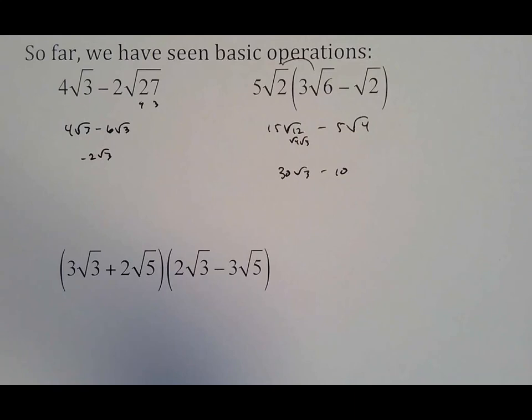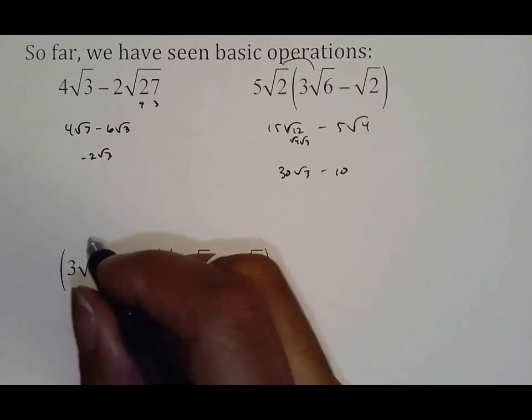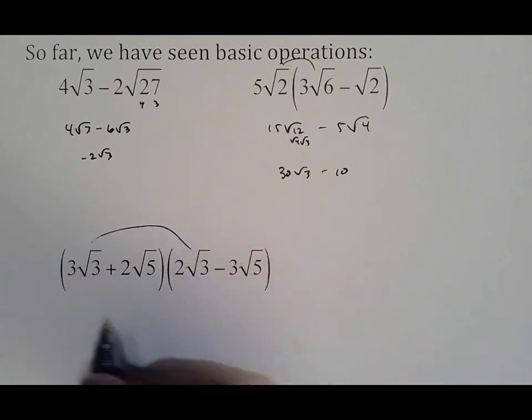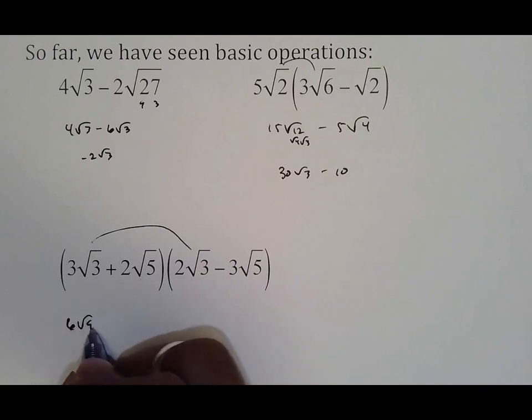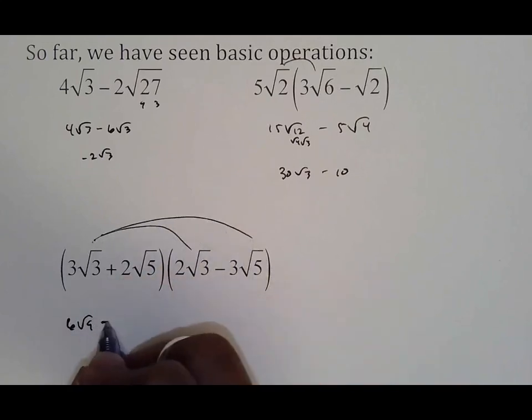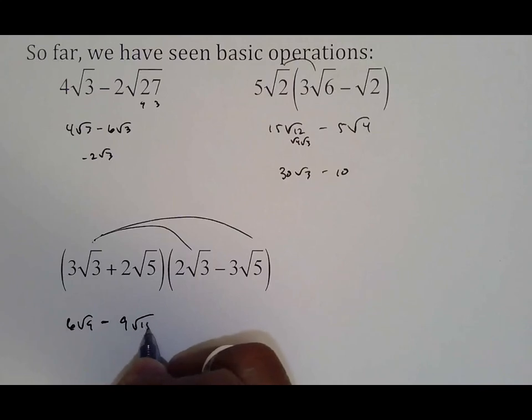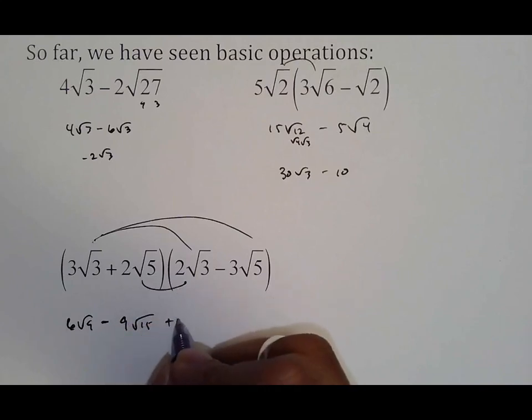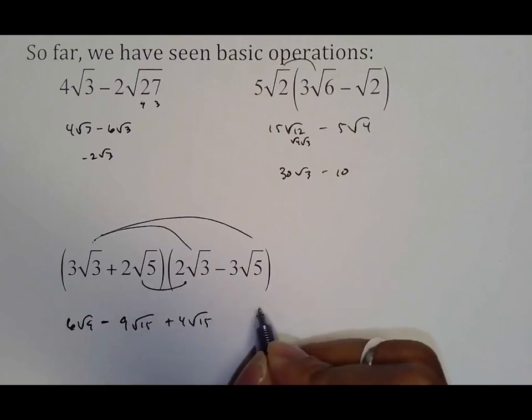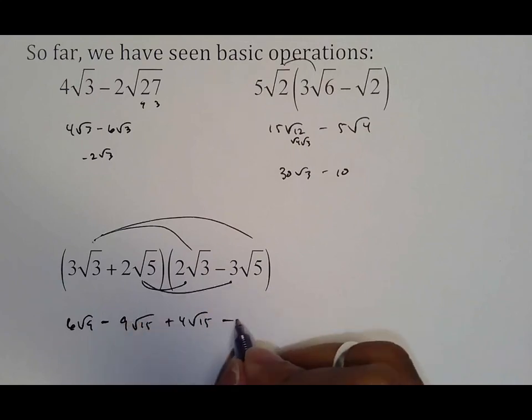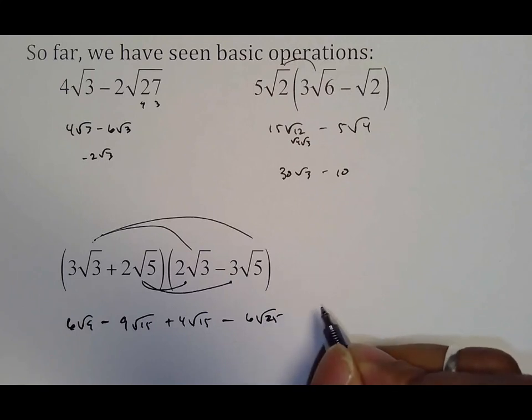And then last lesson we just kind of introduced doing this, where you do this times that, which would be 6 root 9 minus 9 root 15 plus 4 root 15 minus 6 root 25.